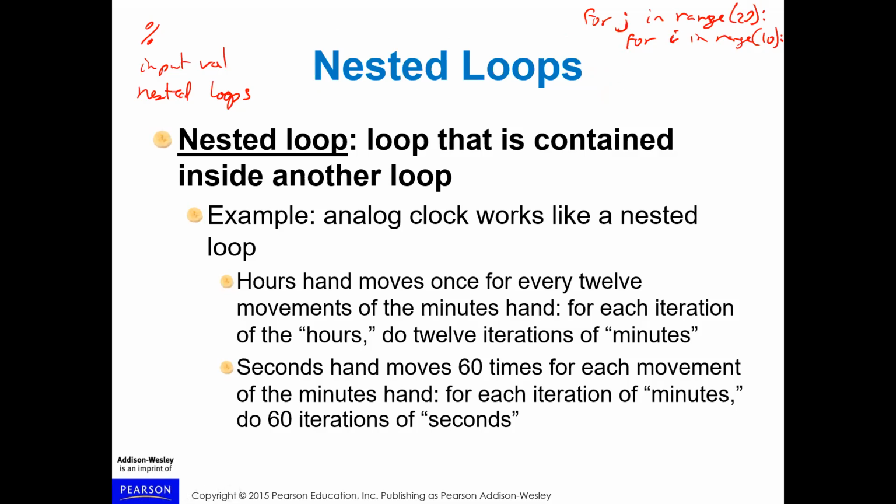So an example of this is an analog clock. So let's read this for a second. Right, so an analog clock works like a nested loop. So the hours hand moves once for every 12 movements of the minutes hand.